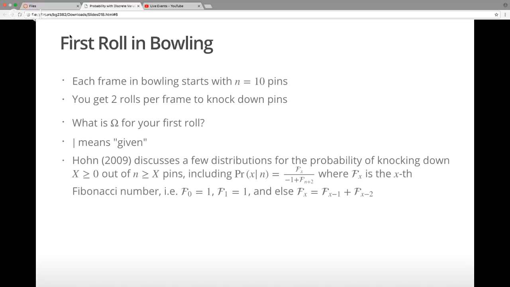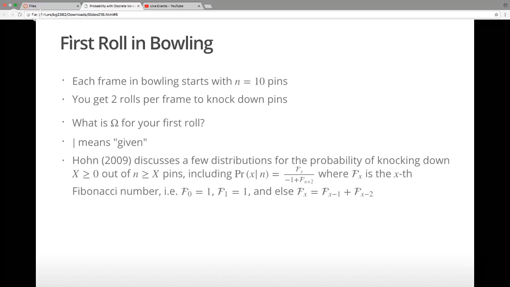It represents the probability of each realization, little x pins being knocked down out of 10, as this ratio f of x divided by -1 plus f of n plus 2, where these f functions are Fibonacci numbers. So f subscript x is the xth Fibonacci number.